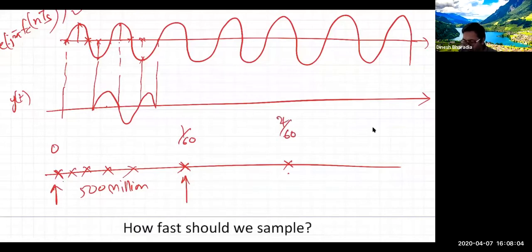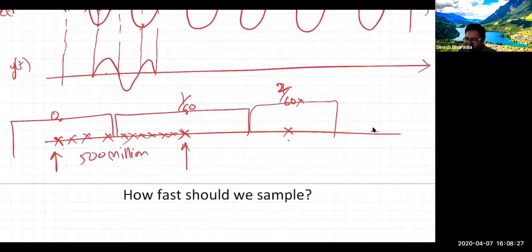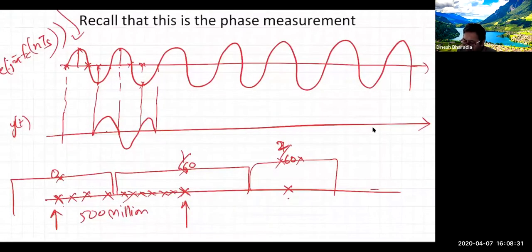So what you can do is average samples from here to here, and samples from here to here, to call out the sample at 0, the sample at 1 over 60, the sample at 2 over 60. So these are the samples you get, and when you take their phase values, that's when you get this part.